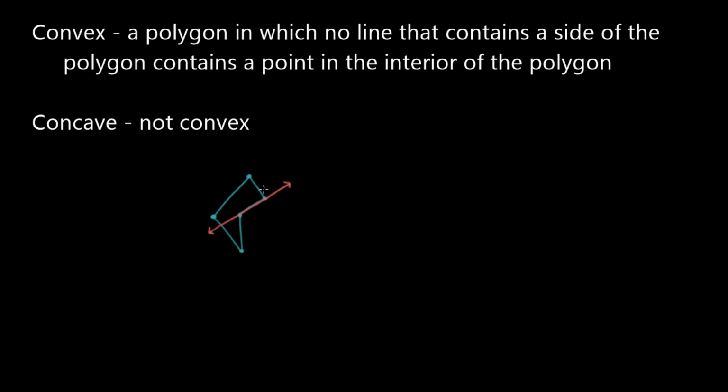So, for example, this polygon is concave because this line that contains one of the sides contains points that are on the inside of the polygon. However, if I have a shape that looks like this, for example, any line that contains my sides here will not contain points on the inside. So this is convex.